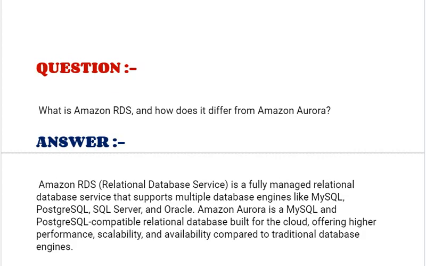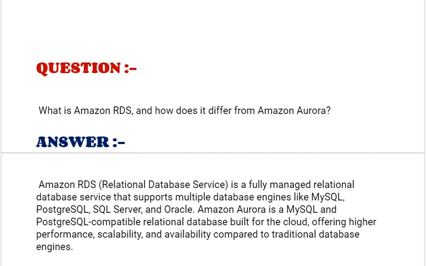Our next interview question is: what is Amazon RDS and how does it differ from Amazon Aurora? Your answer should be: Amazon RDS, that is Relational Database Service, is a fully managed relational database service that supports multiple database engines like MySQL, PostgreSQL, SQL Server, and Oracle.